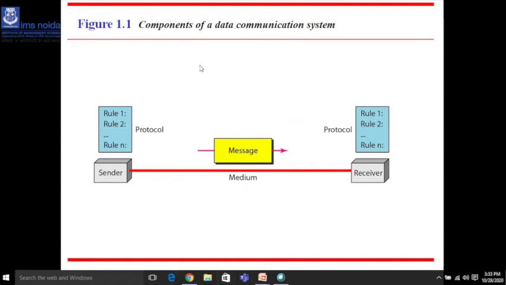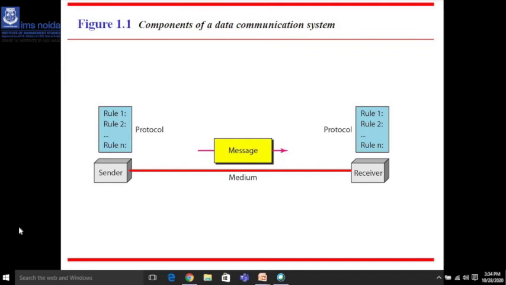You can look at this presentation to see how these components are the most important and critical if you want to do data communication between two devices: the sender, who sends the data, the receiver, who receives the data, and of course a medium through which you are sending the data.